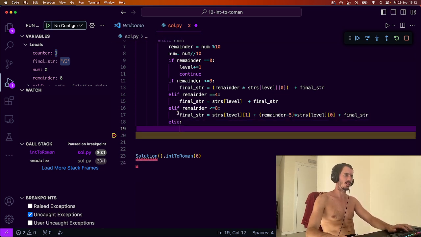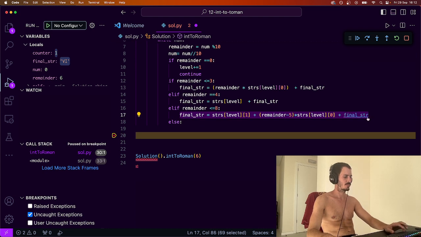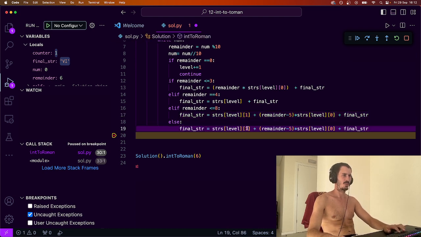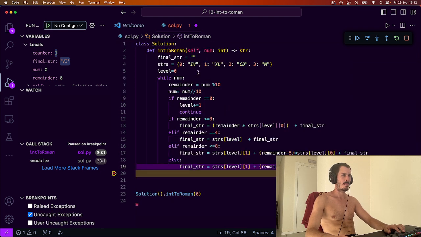So final string is equal to IX: I is strings of level, index 0, and X is strings of level plus 1, index 0, so we want to get this one from the next level.